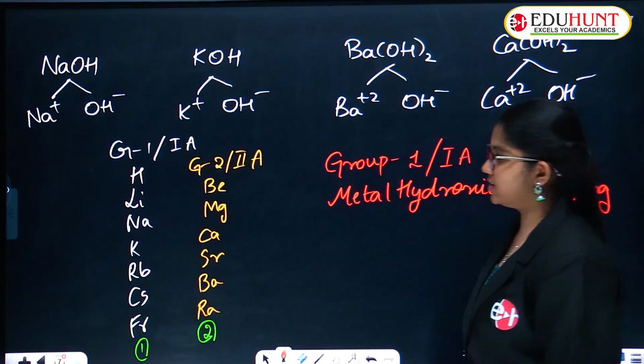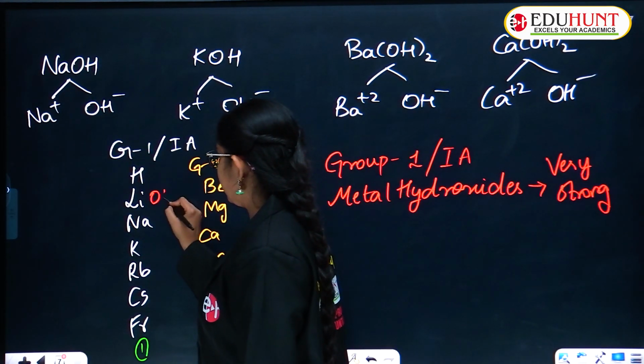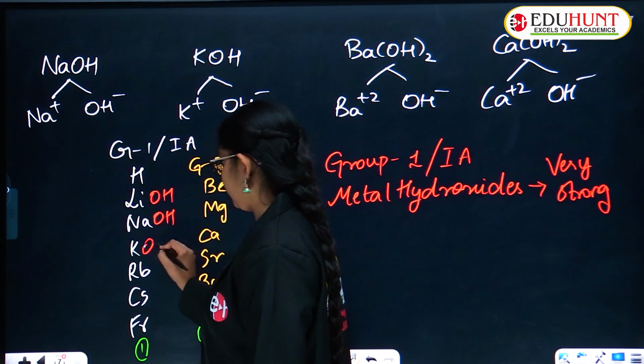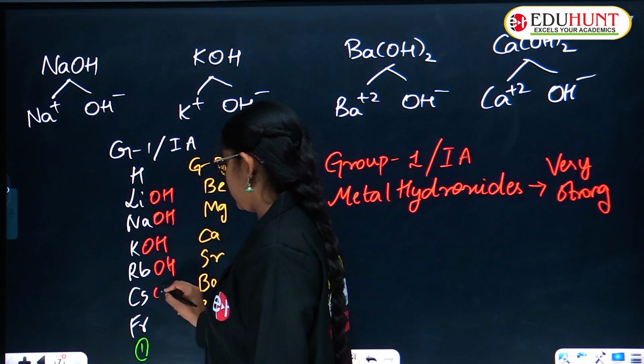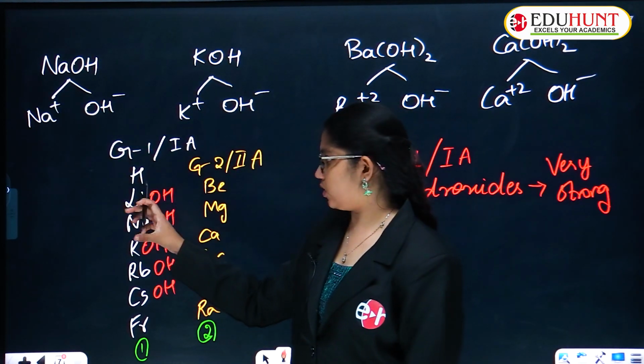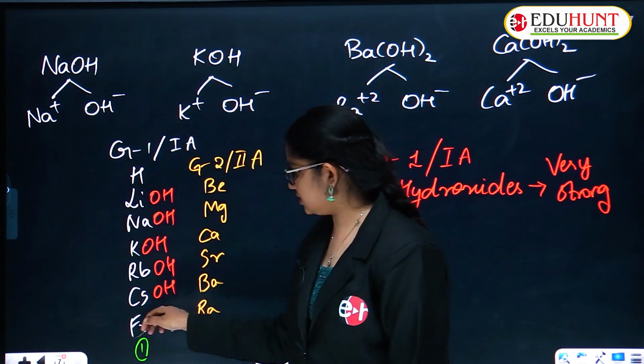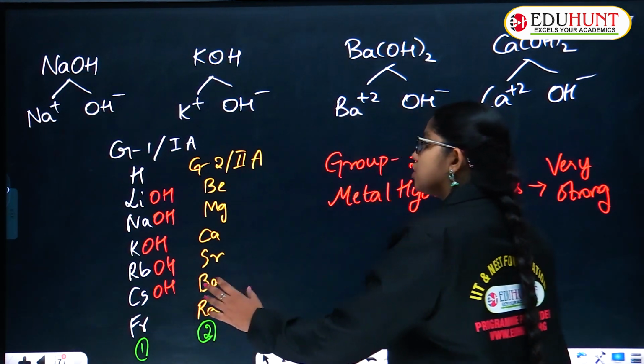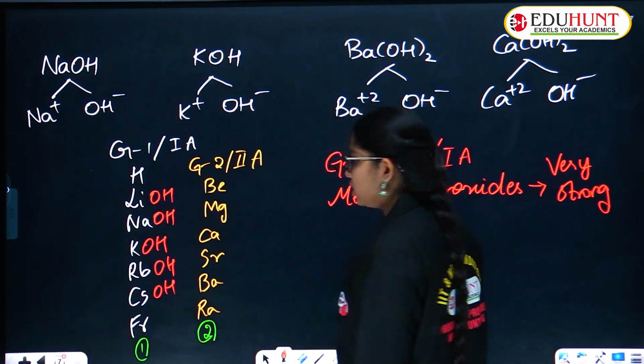For example, LiOH, NaOH, KOH, RbOH, CsOH, etc. H is not a metal, it is a non-metal, so I will not write that. So these are strong bases, very strong compared to all the periodic elements.